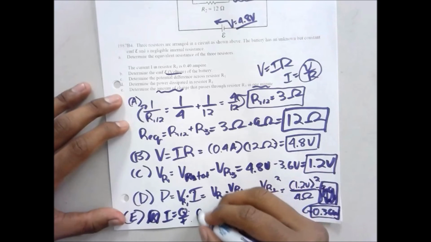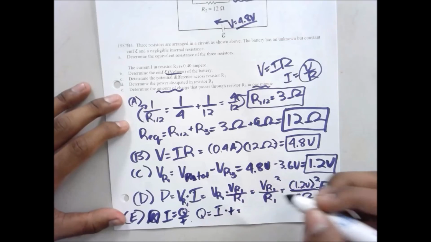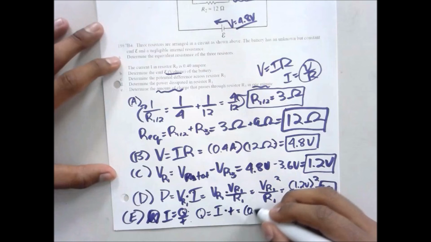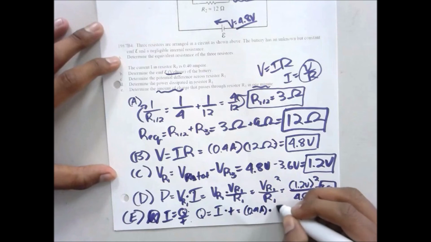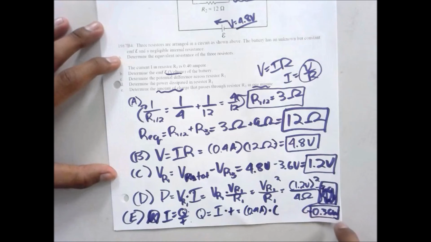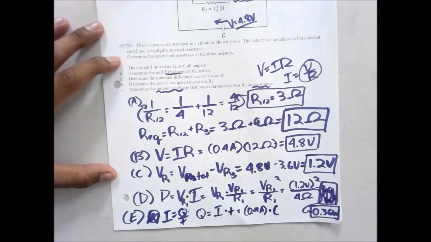And so here we can solve for coulombs and say the charge is equal to I times T. Here we know that the current is going to be equal to 0.4 amps, and we know the time is going to be equal to 60 seconds.